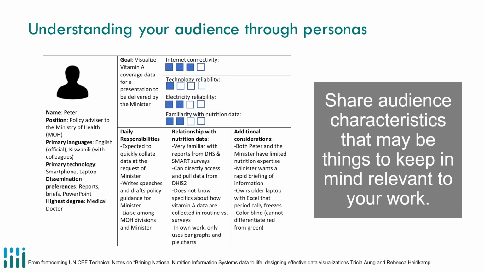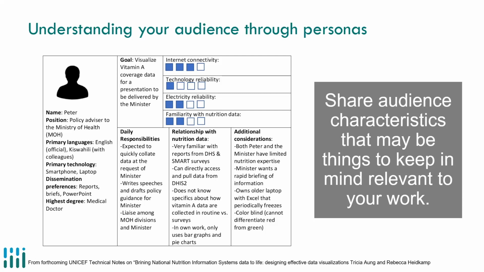So in terms of global health, we can think of large household surveys like the DHS or DHIS2, the Routine Health Information System, and also think about dimensions of, is this person familiar with the indicators that we want to visualize? In this case, we have something about vitamin A. We also have a category of additional considerations.